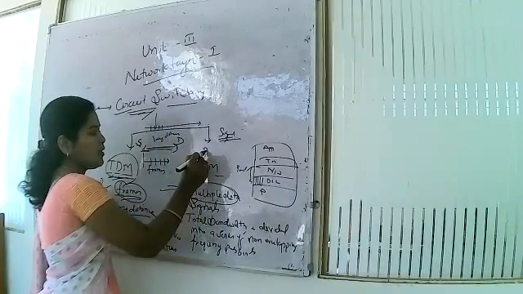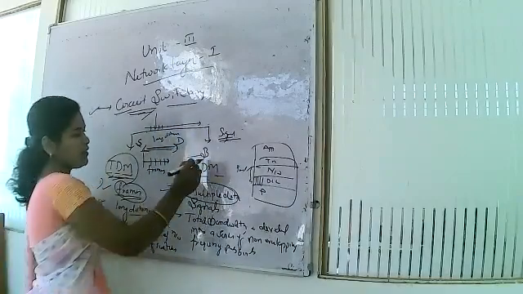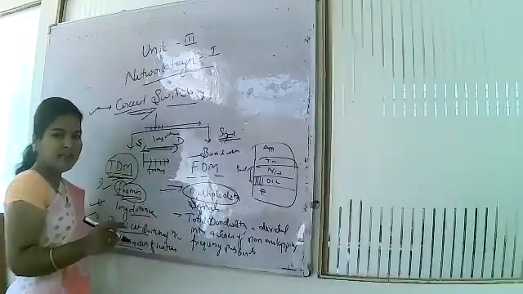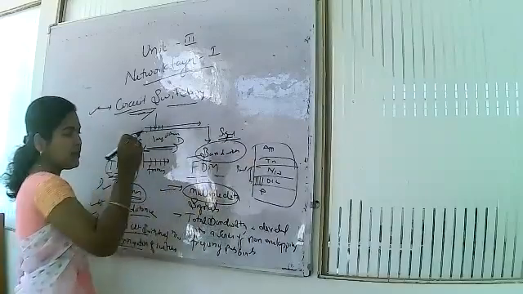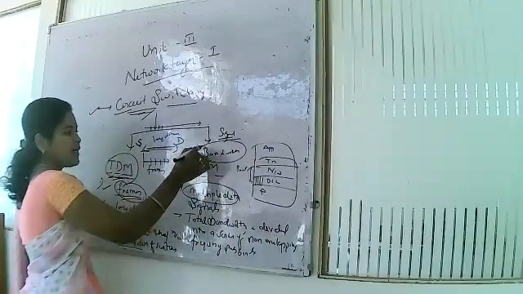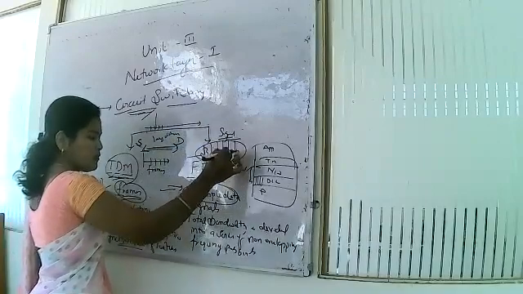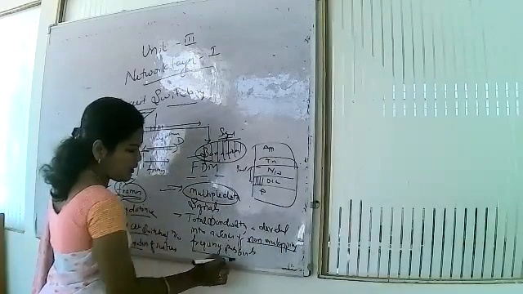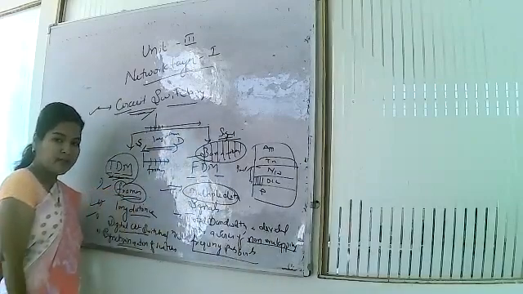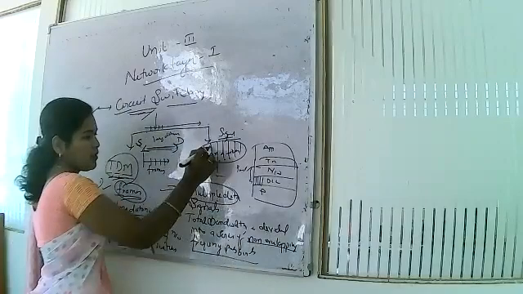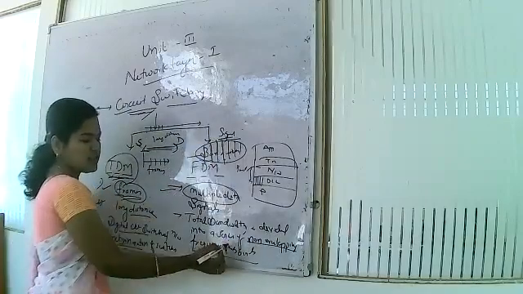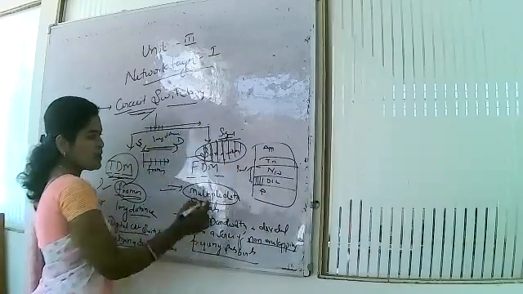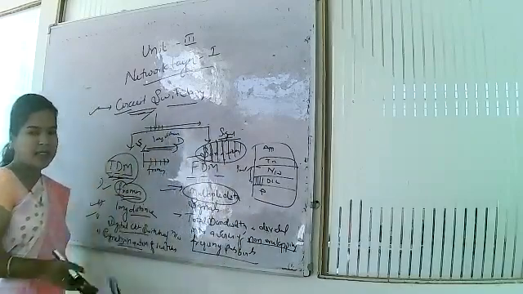In the frequency division, it contains bandwidth. The total bandwidth you are sending is divided into a series of non-overlapping frequency subbands. Bandwidth is divided into a number of what? A series of non-overlapping, which will not overlap, frequency subbands. In terms of that, we are sending the data.